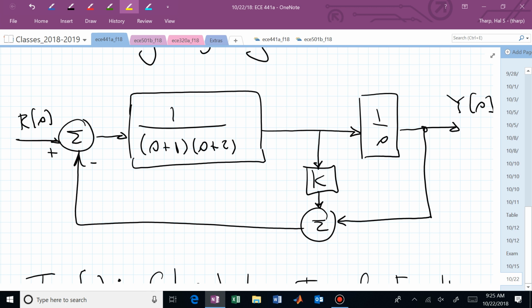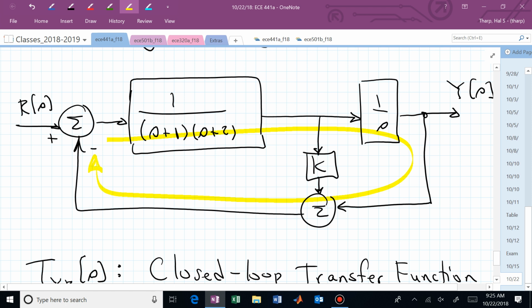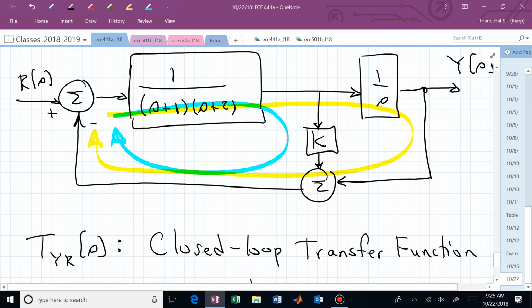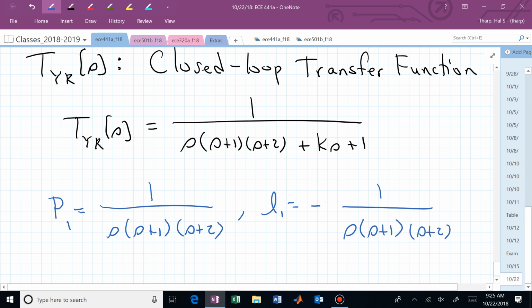Do we have any loops? We have a big loop right there, and we have a smaller loop right there. So let's now write down those, yellow being 1 and blue being 2. So loop 1 is the big loop. That's minus 1 over s, s plus 1, s plus 2.